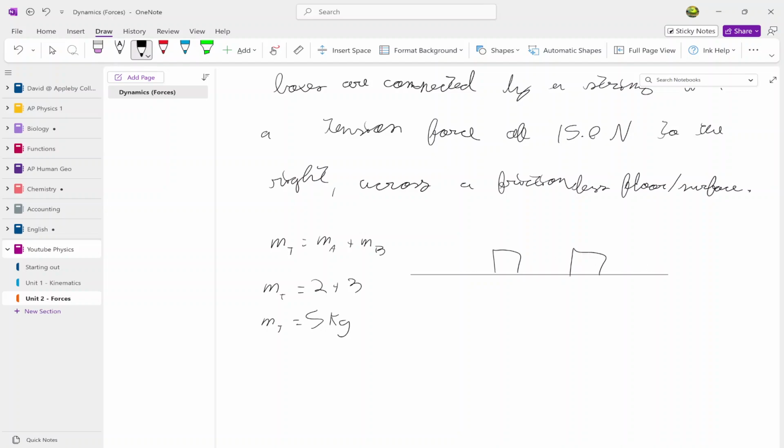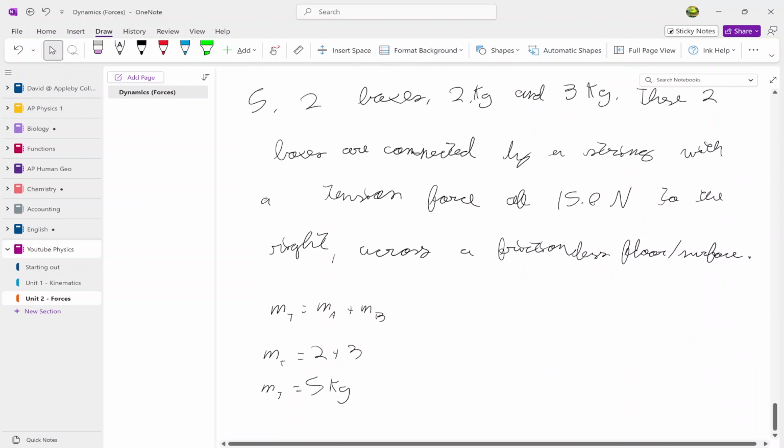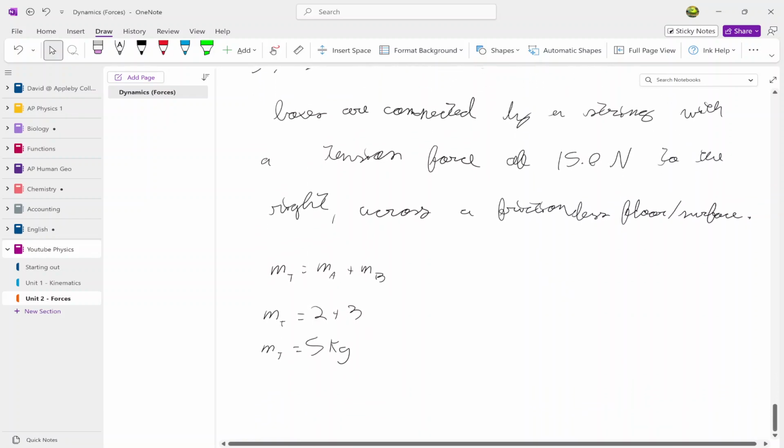This is how it looked later on in real life, in later physics. So you have M1, M2, and then you have this tension force. But in here, we can just use the basic equation.